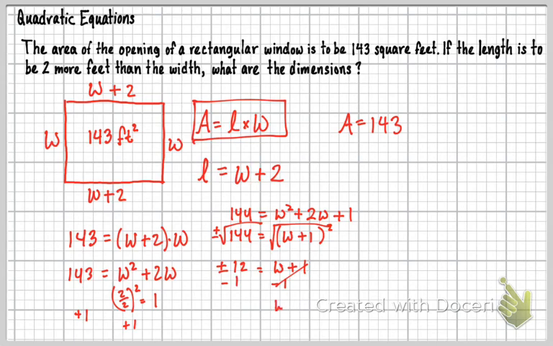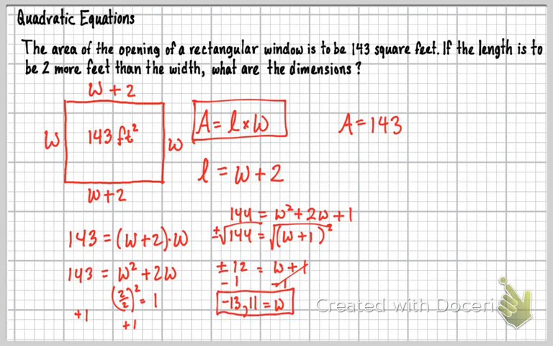So then w is going to equal positive 12 minus 1, which is going to be 11, or it's going to be negative 12 minus 1, negative 13. So there's our 2 answers for this one.